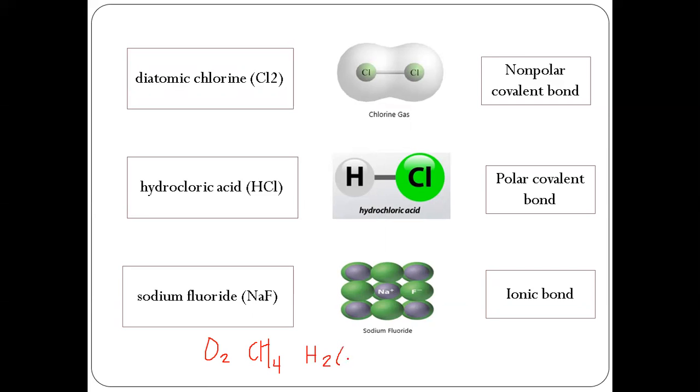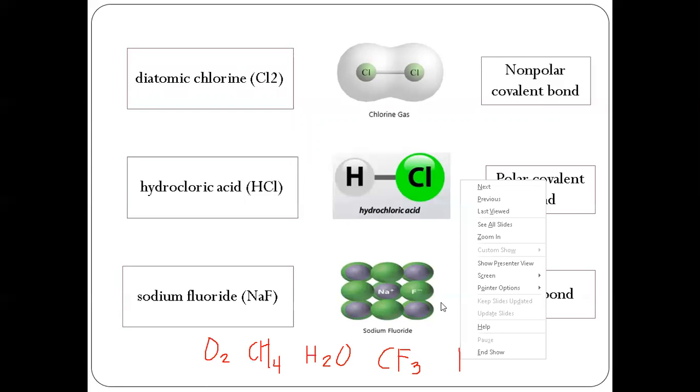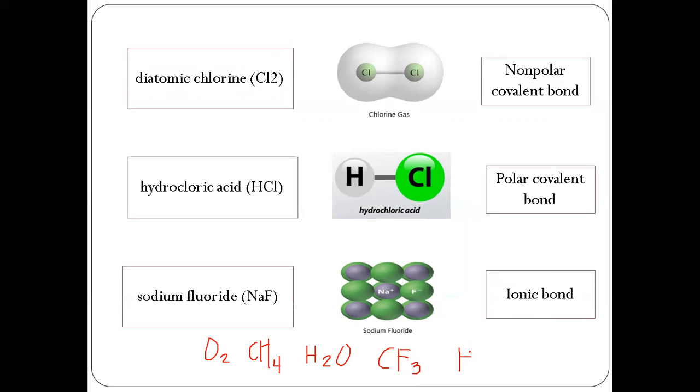Kunin natin kung anong uring bonding meron sila. Number 4, we have the carbon tetrafluoride, CF4. Then, the last one, number 5, is hydrogen bromide, HBr.